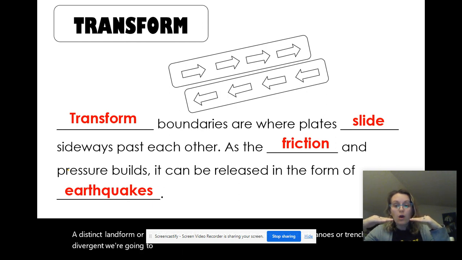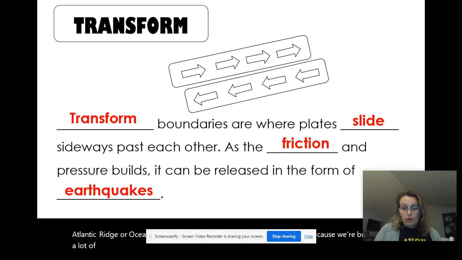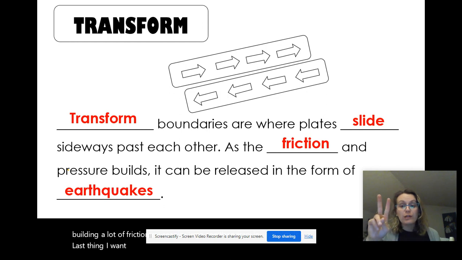Divergent, we're going to have rift valleys or sea floor spreading, or what is also called the Atlantic Ridge or Oceanic Ridge. And then transform, which is the easiest because we're building a lot of friction, is going to be an earthquake.